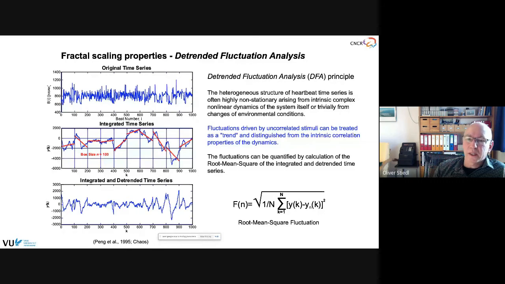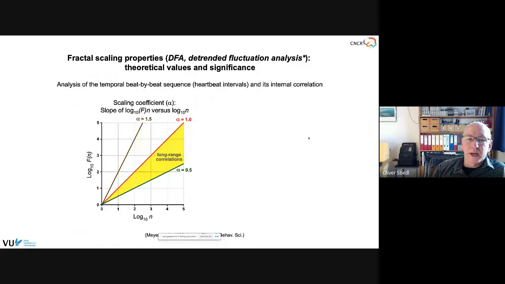It's a unifractal nonlinear approach. If you do this, you look at the decadic logarithm of the fluctuation of the beats versus the number of the beats, and you get points that can be fitted into a line. This linear line, only in a double log plot, will tell you something about the internal correlation of beats.